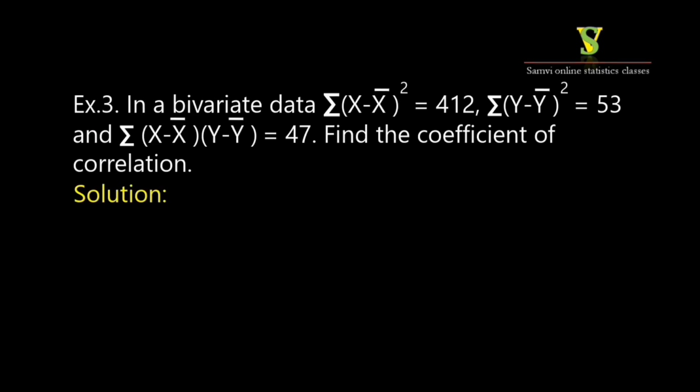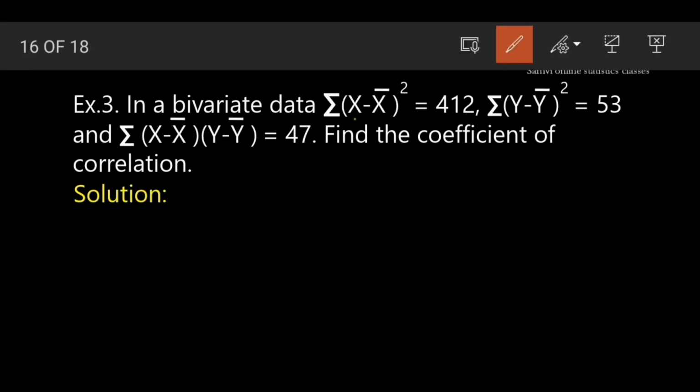Example 3. In a bivariate data, summation of x minus x bar square is 412, summation of y minus y bar square is 53, and summation of x minus x bar into y minus y bar is 47. Find the coefficient of correlation. So here they are given summation of x minus x bar square, summation of y minus y bar square, and also summation of x minus x bar into y minus y bar.